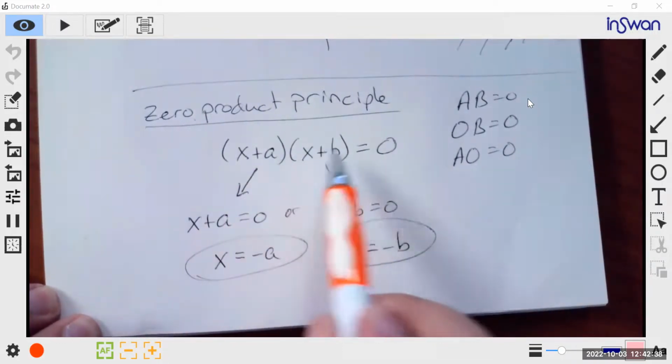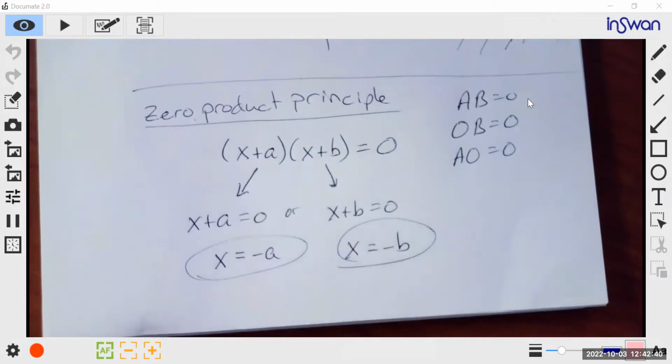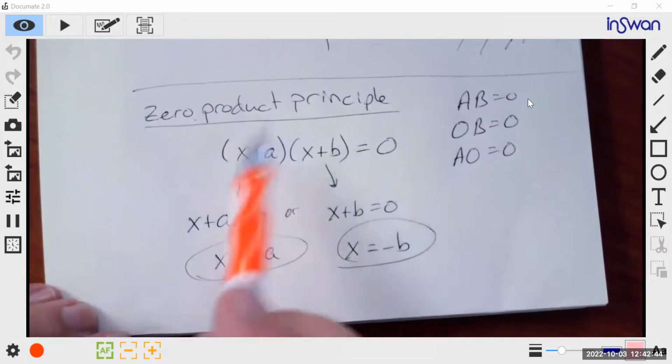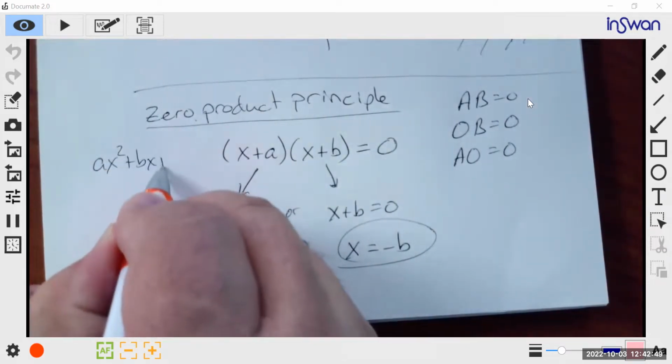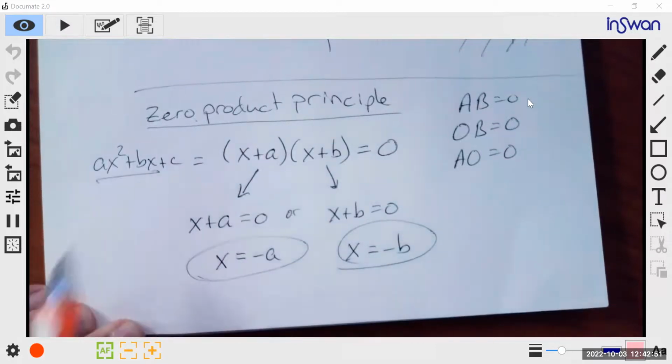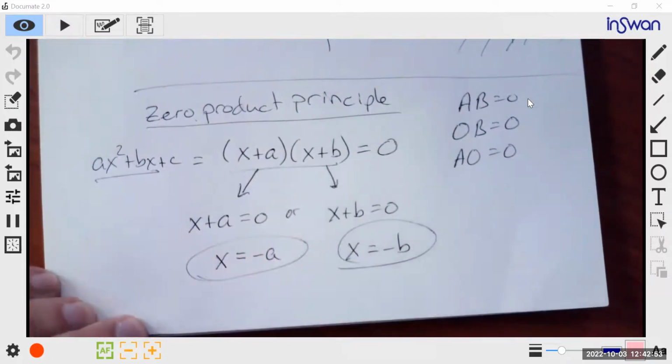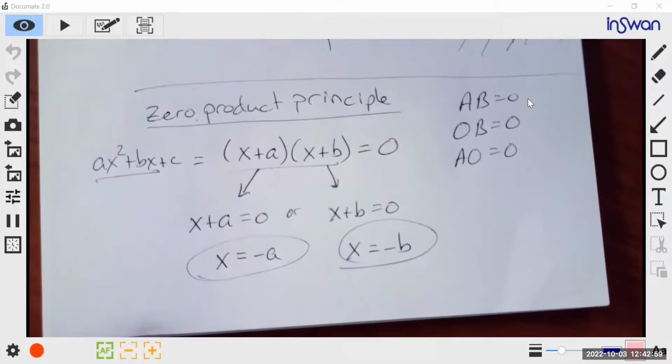We take two equations, set them equal to zero, and then solve them individually. But first, we're going to have to go from our quadratic equation. We have to get these two smaller sub-equations, and then we could solve them from there.